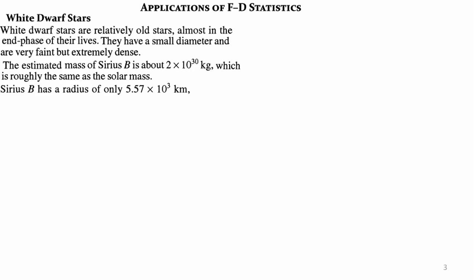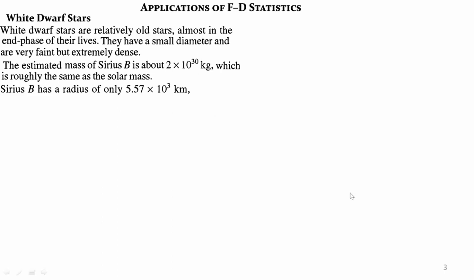So just try to imagine that such a large mass, as large as comparable to our sun, has been packed in a very small radius, something like equivalent to our Earth's radius. So you can imagine how high the density would be. That is why these white dwarf stars are the stars where the matter is packed at a very high density.